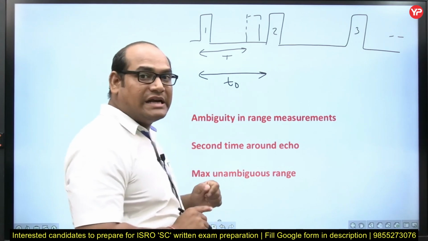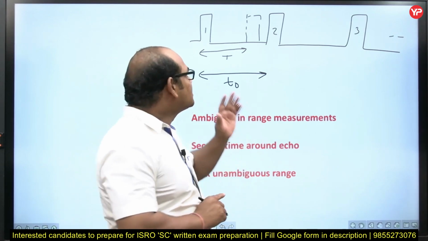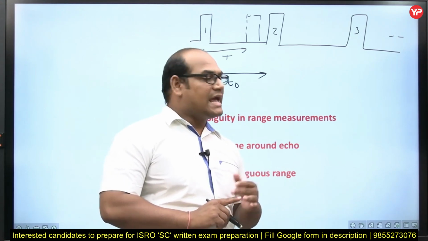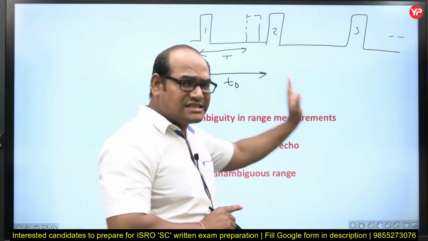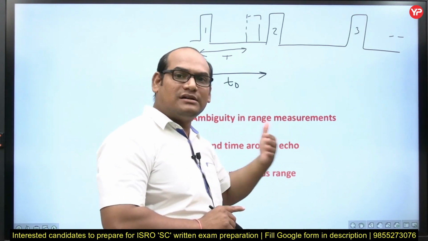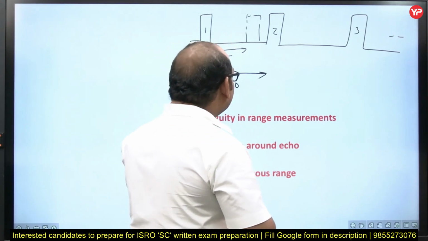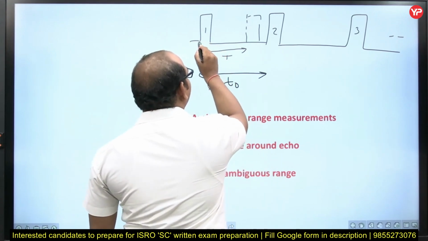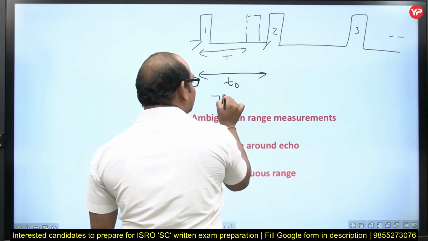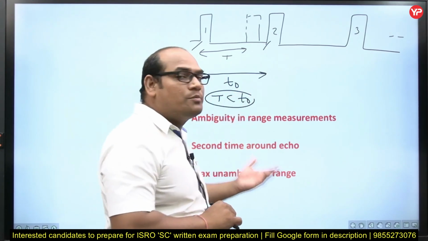Once again, T naught is the time period of the pulse wave generated by the radar. All these pulses strike the target with time period T naught. Whenever the first pulse reaches the target, the target reflects it back, and to reach the radar it took capital T seconds. By seeing the diagram, you can give the relation between these two: T naught is from here to here, but T is from here to here only. So capital T is less than T naught. In this particular criterion, there is no problem for us.